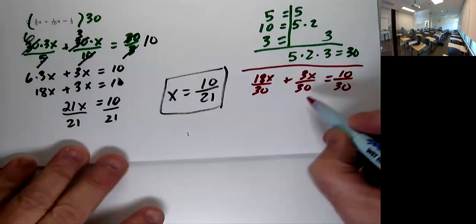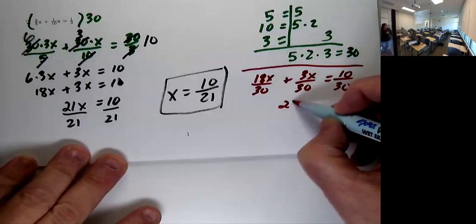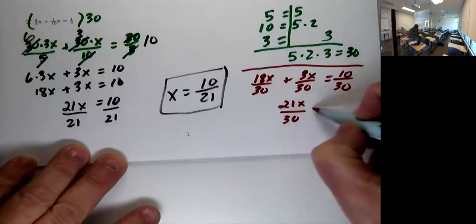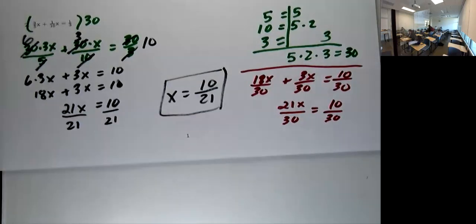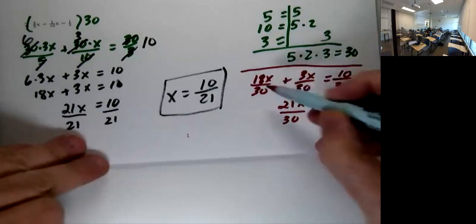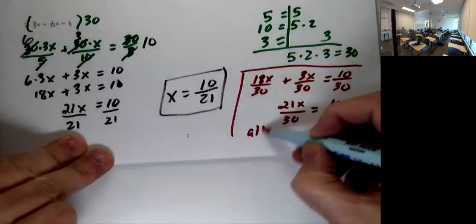And you would have had 21x over 30. Oh, you did 30 and the 5? If I multiply by 30 times x, 30 times 5. Yeah, that was the mistake. So that's an alternate route.